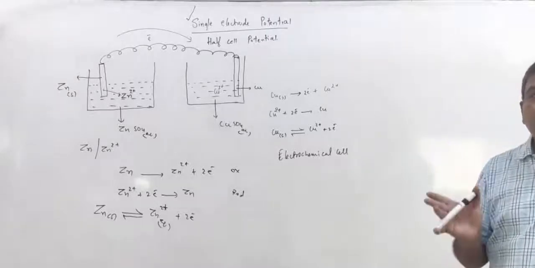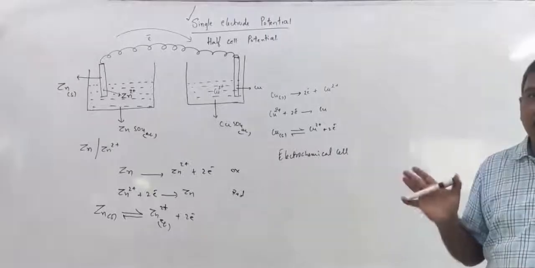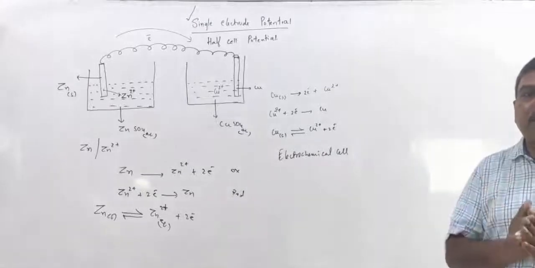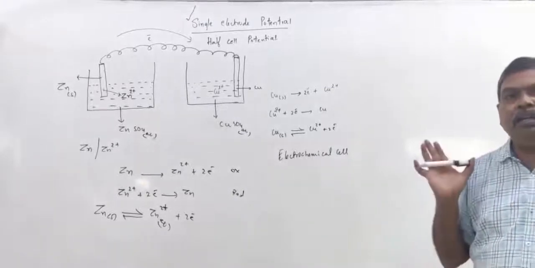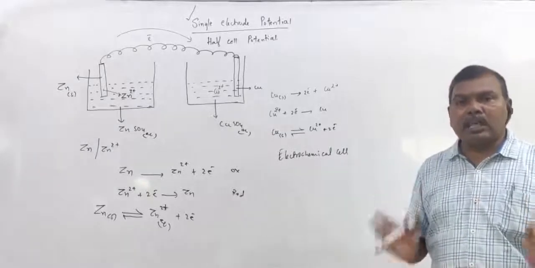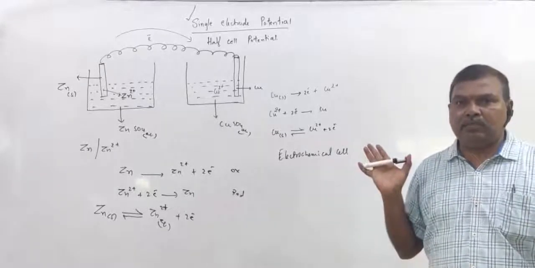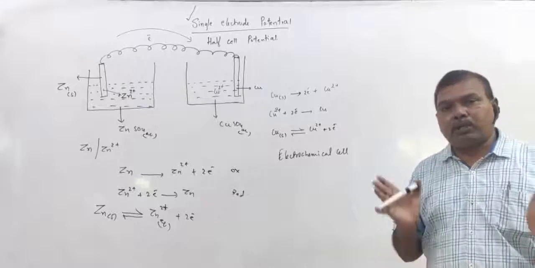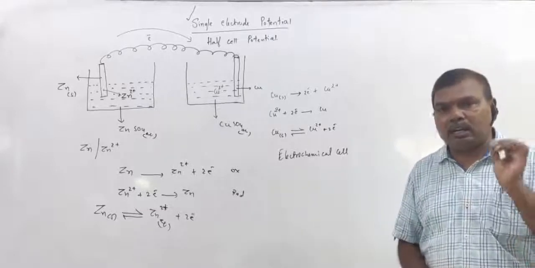When any two half cells are connected together, it becomes an electrochemical cell, and that cell generates electricity. That cell produces electrical energy.